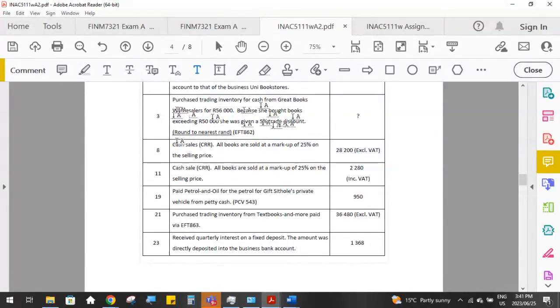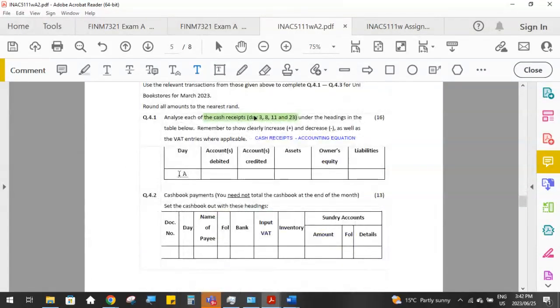In your textbooks, I've given you the question, I can't remember the question number offhand, where it explains the difference between trade discount and settlement discount, and where you do those calculations. It is question 5.2 on page 142 in your textbooks. Okay, so that we know what we're doing here. We purchased from Great Books 56,000 minus 5%.